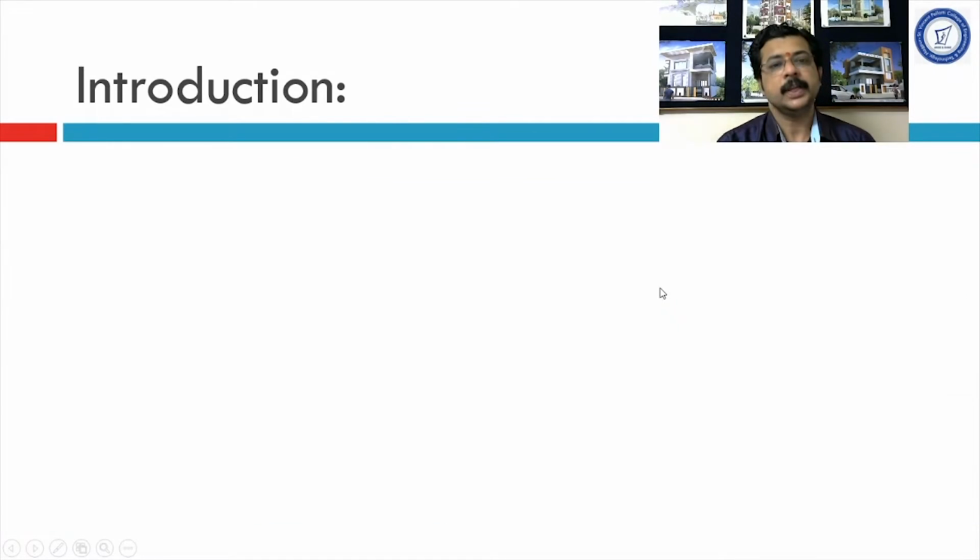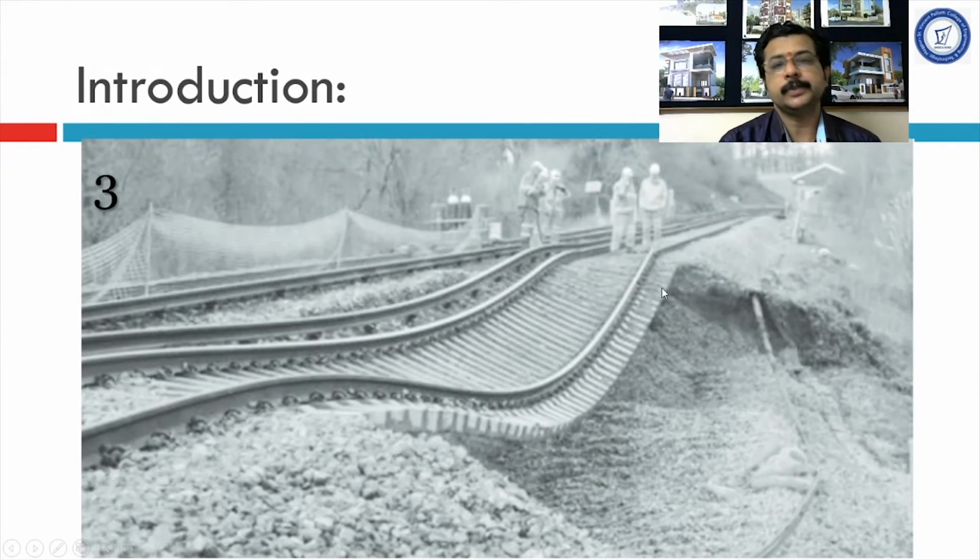Okay, this third image is related to failure of slope. Now here you can see this is a railway track. Okay, it was supported by the ballast. Now this ballast is deposited in the form of a slope. It is a continuous slope or support which is provided below the railway track. Now because of multiple reasons this failure might have happened. What can be the multiple reasons for this failure?